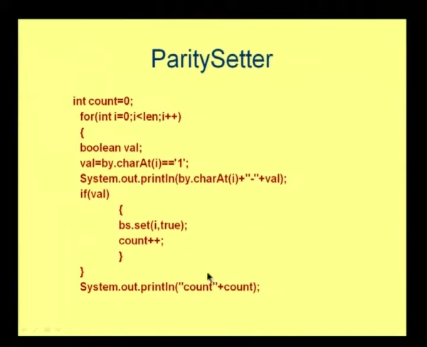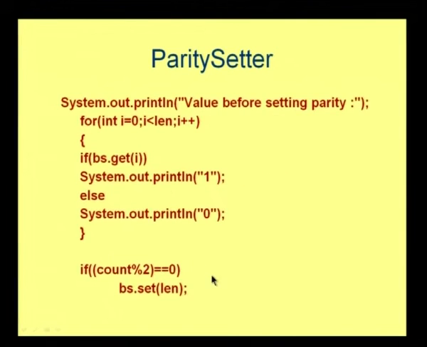I am counting it and then printing it. I can print the value before setting the parity. I can check all the values with bs.get, meaning bitset.get. If bs.get(i) is true, I print 1. If the value is false, I print 0.